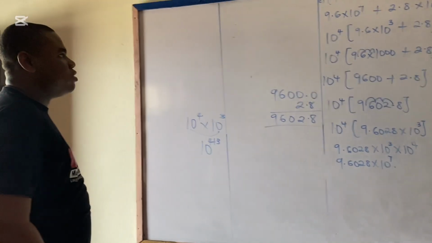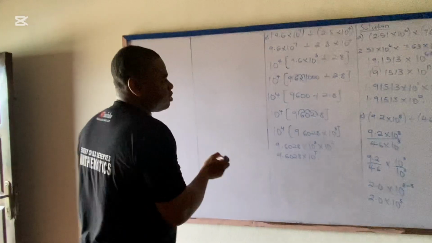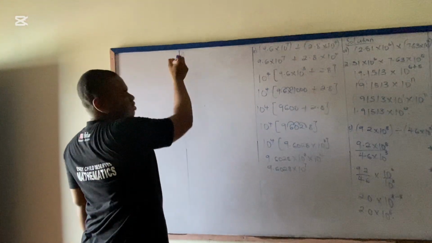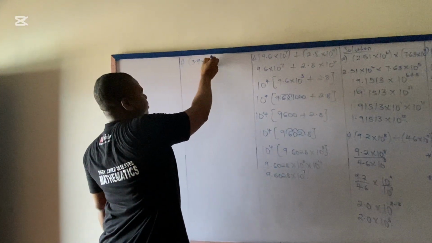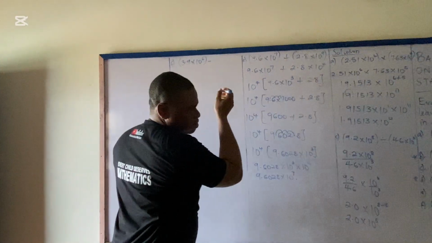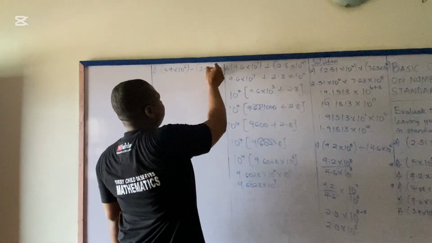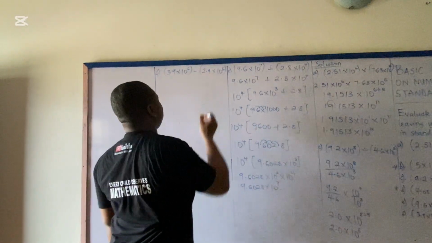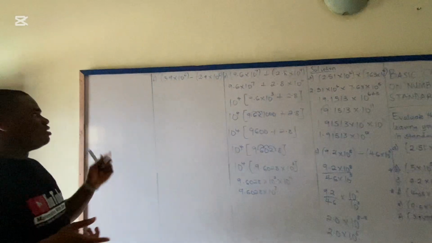Alright, now let's go to the final example. Last question, we have 3.9 times 10 raised to the power of 6 minus 2.9 times 10 raised to the power of 5. Alright, so the first thing we always do is open the bracket.